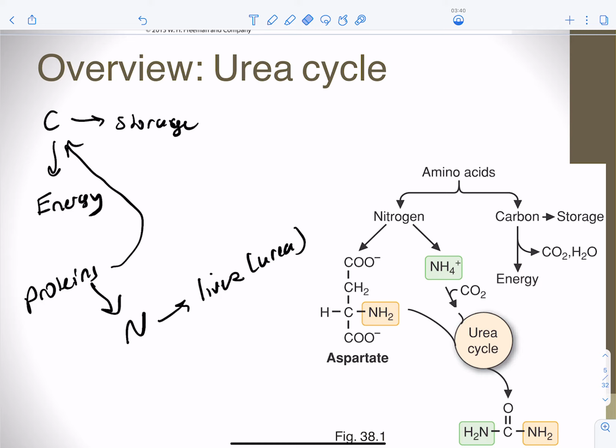It's like 2 reactions, same enzyme. And you're going to get glutamine. And this has 2 nitrogens.